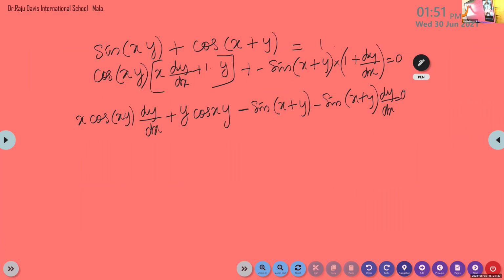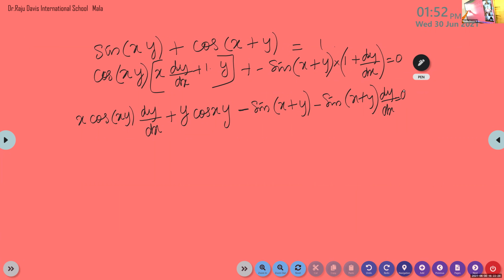Listen. Sine of xy, when we differentiate, it is cos of xy into that xy we should differentiate. We are using product rule. X into derivative of y is dy by dx, plus y into derivative of x, which is 1, plus derivative of cos x is minus sin x. So minus sine of x plus y into derivative of x is 1 plus derivative of y is dy by dx; equal to 1 on differentiating, you will get 0.